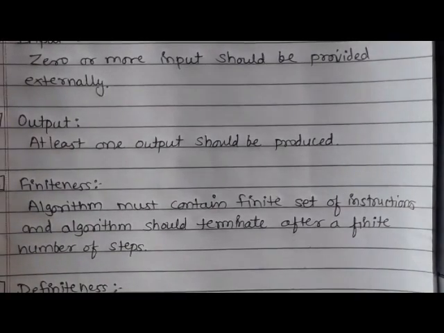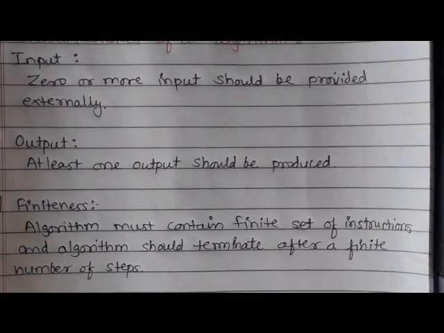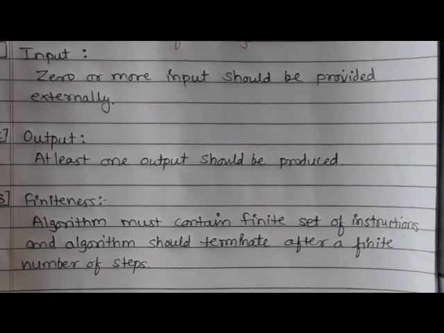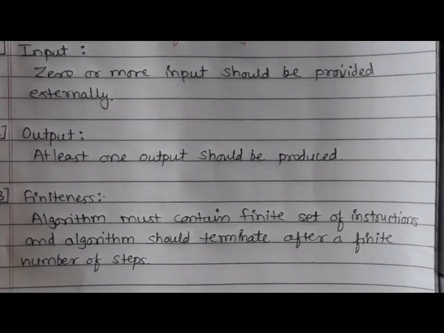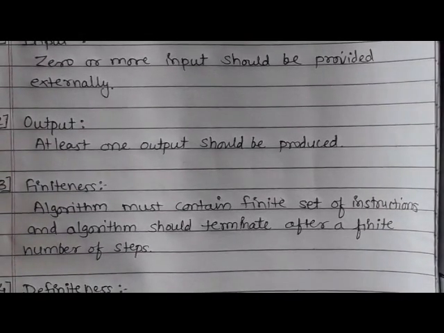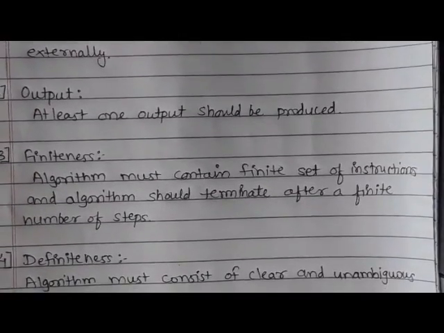So the first characteristic is input. Zero or more inputs should be provided externally. The second characteristic is output. At least one output should be produced. The third characteristic is finiteness.